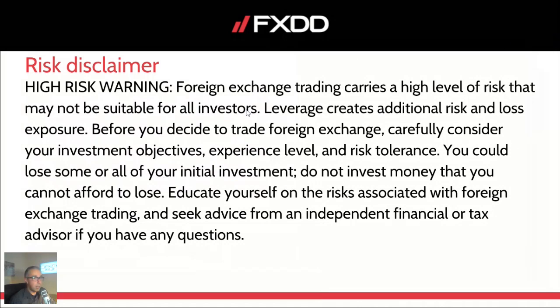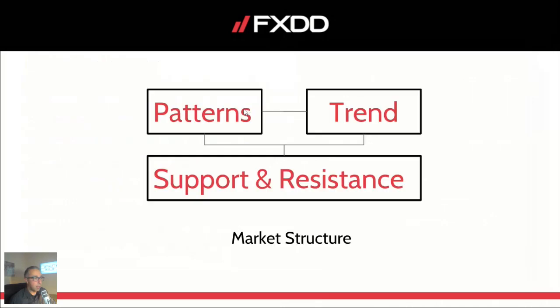Now, I wanted to repeat the slide that we showed last time, and then we'll take a look at the live market, which is the fact that the market structure has patterns, trends, support or resistance. That is the triangle we looked at last time, and we were looking at all three items.